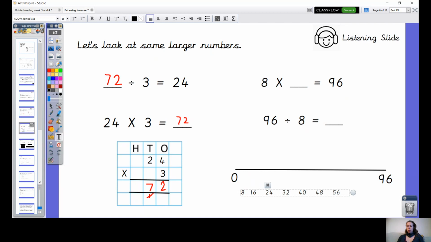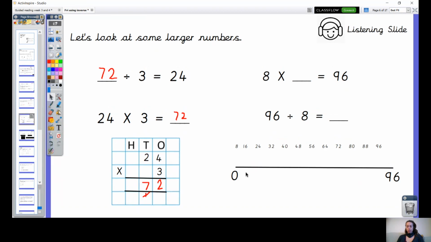Blimey, I've got to get up to 96, haven't I, along my number line? Ooh, that's a high number. We would definitely be using a ruler for this number line, wouldn't we, everyone? Yes, please. 64, 72, 80. Oh, I must have reached 10 times 8 when I got to 80, because I know that's 88, 96. There we are. That's what I wanted to get to, wasn't it?